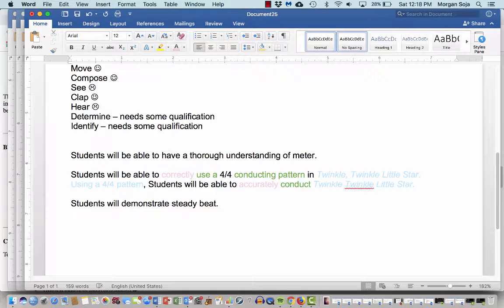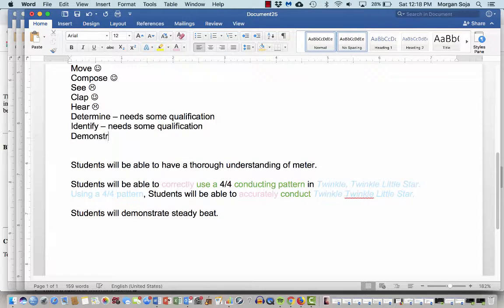How about students will demonstrate steady beat? Oy vey. All right, demonstrate. I think that's one of our, if we were to add another verb that needs some qualification, it needs just a little bit more. Demonstrate steady beat. Is there a way that we could do that better? Sure.